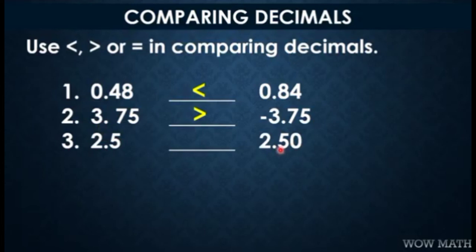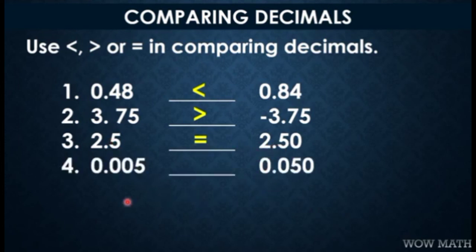So, which one is bigger or lesser? They are equal. Why? Since ang zero natin ay nasa dulo, so kapag nasa dulo ang zero natin, there is no value na yan. So kagaya nito, may zero man siya o wala namang value yan. That's why they are equal. So 2.5 is equal to 2.50.